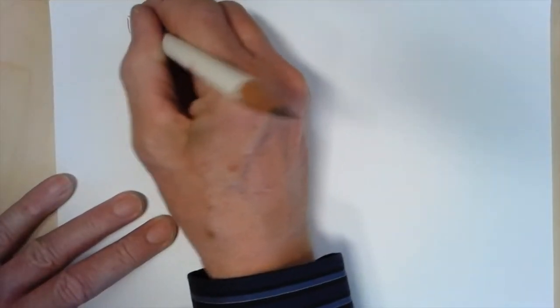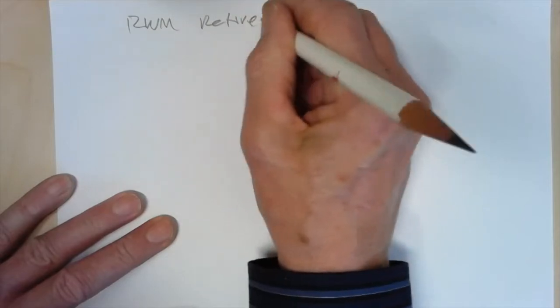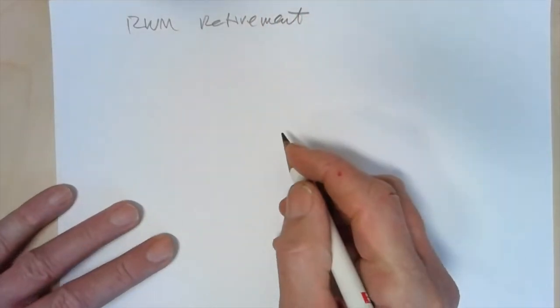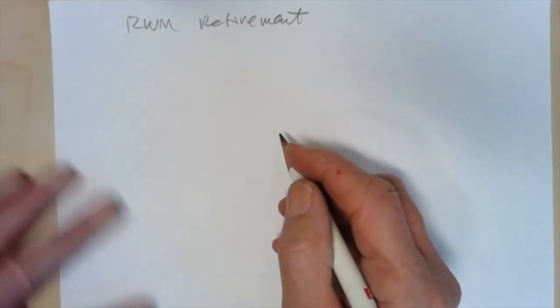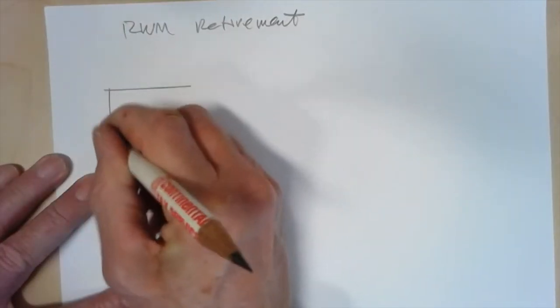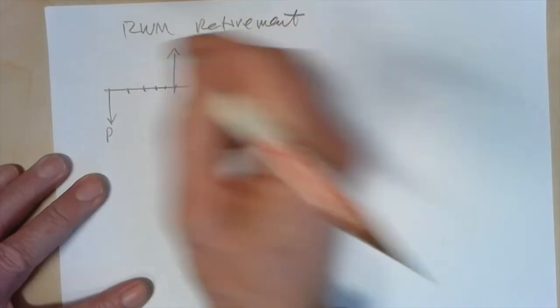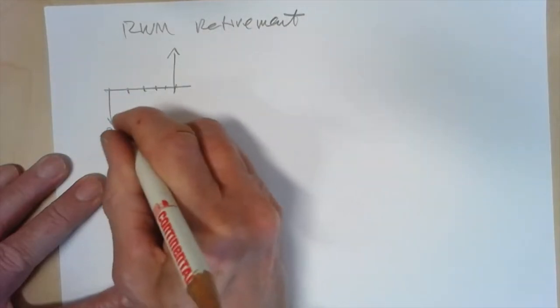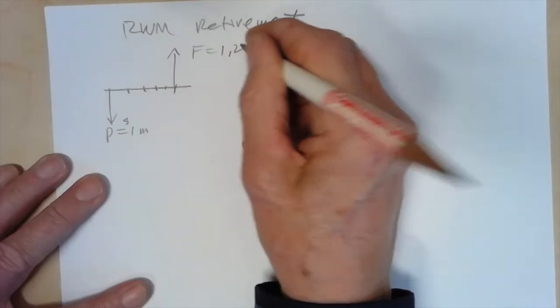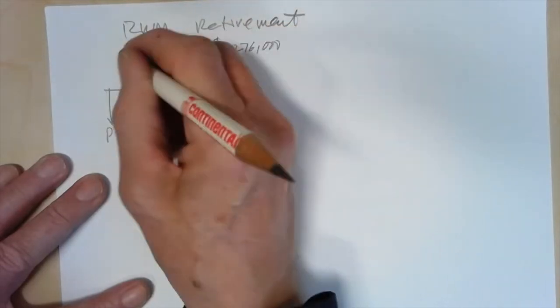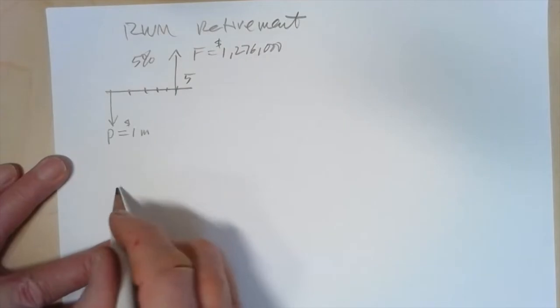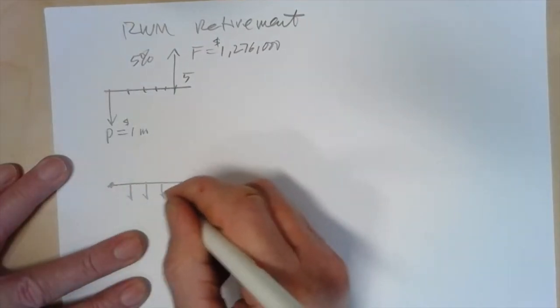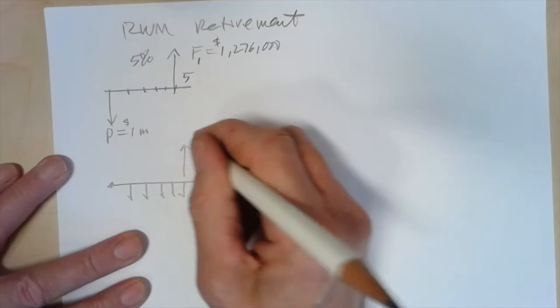So let's put this in context, going back to my retirement example. What we had was a P of $1 million. My F is 1.276 million. This is assuming 5%, 5 years. That's F1.